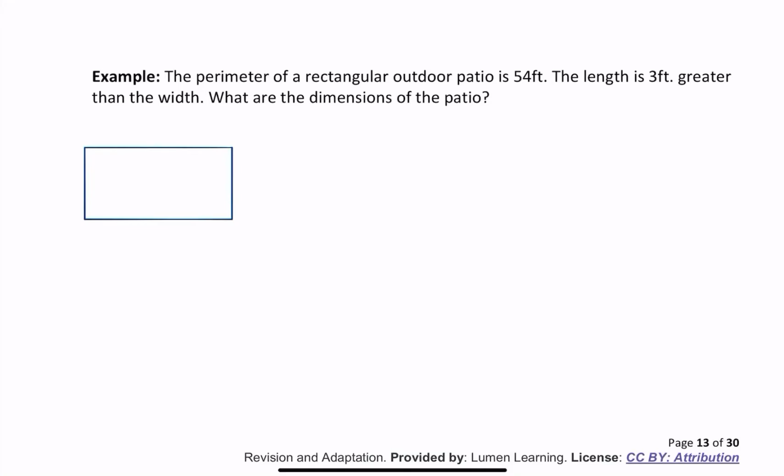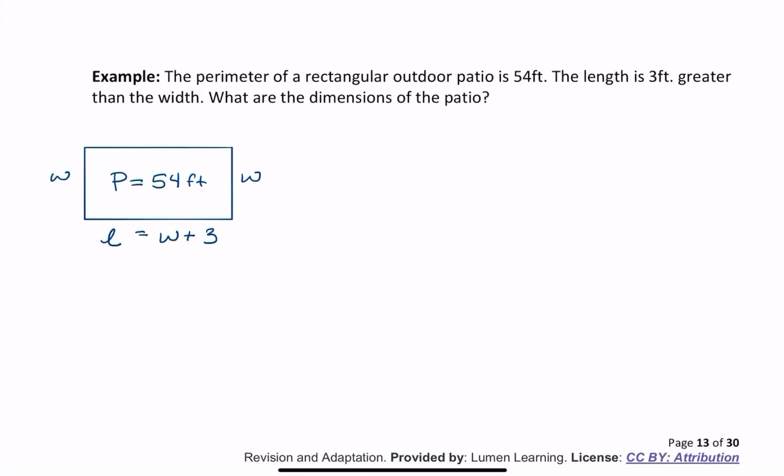I know the perimeter is 54 feet. And they also tell me that the length is 3 feet greater than the width. So if these are the widths of the rectangle, then my length is 3 feet greater than the width. So that'll be W plus 3.